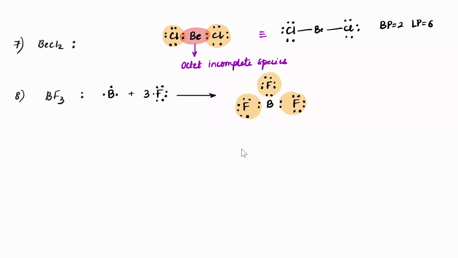While on the other hand, boron has only 6 electrons. So this is an octet incomplete species again. If I write this as a structure, I would show it this way: there are 3 bonds with fluorines. Each fluorine has 3 lone pairs on it. So the number of bond pairs is 3, and the number of lone pairs is 9.